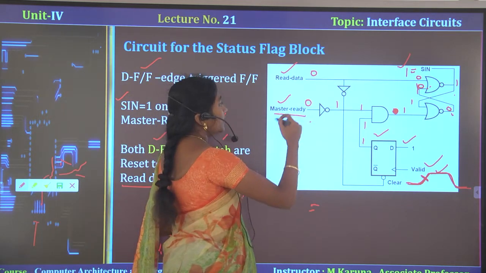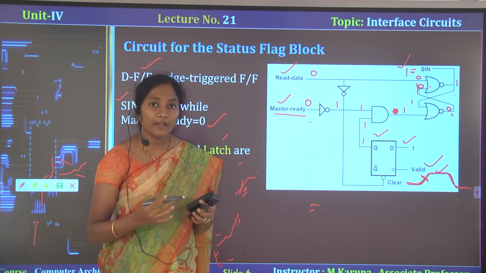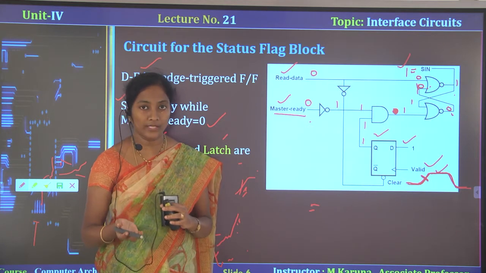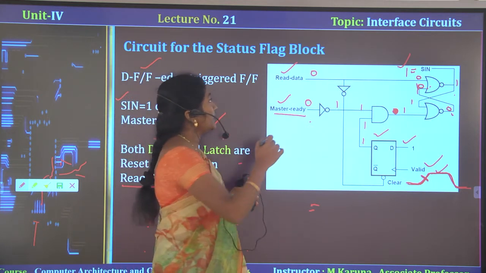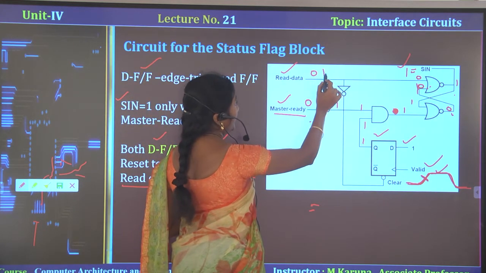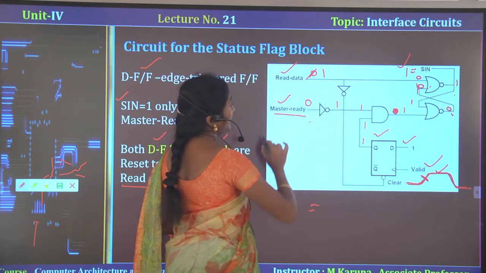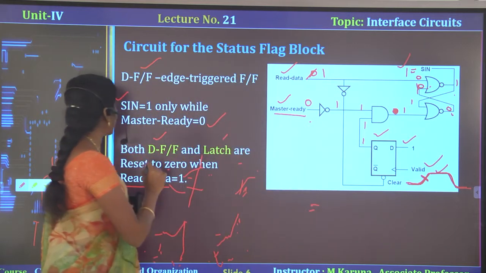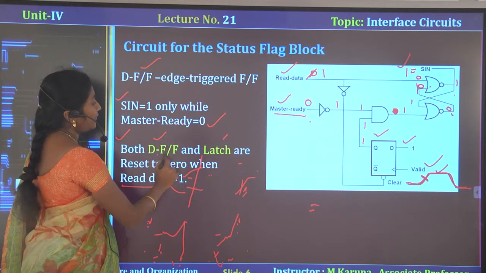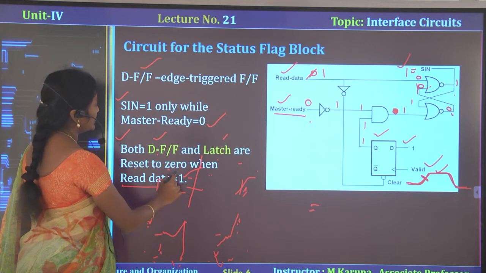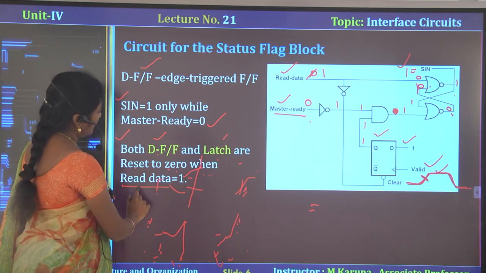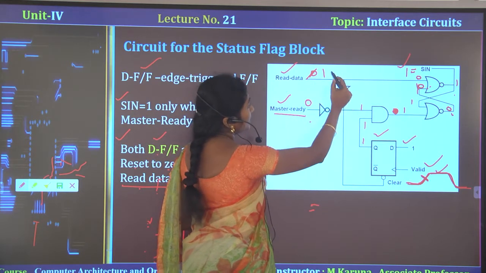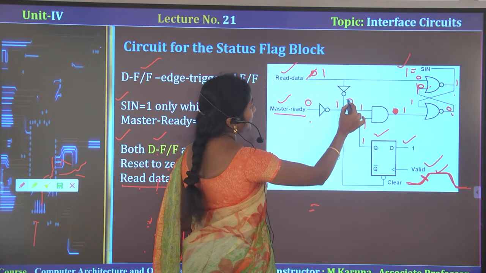For example, after completion of the read operation, this status flag will be set to 0. Let us see how it is possible. While reading the data, read data is equal to 1. I told you the D flip-flop and latch are reset to 0 when read data is equal to 1. So read data is equal to 1, then the output of this NOT gate is 0.